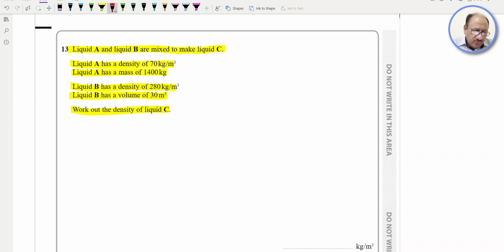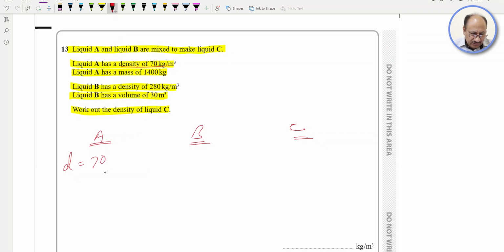So what we can do, we can take liquid A, B and C. These are three types of liquids, and for liquid A we have been provided with the density. So rho, or D, we can write for density, is equal to 70 kg per meter cube.